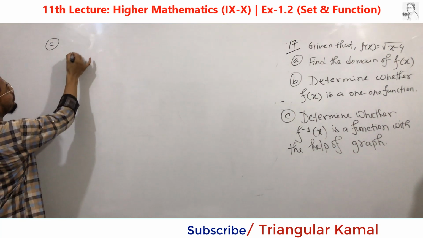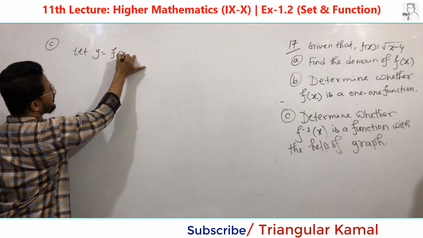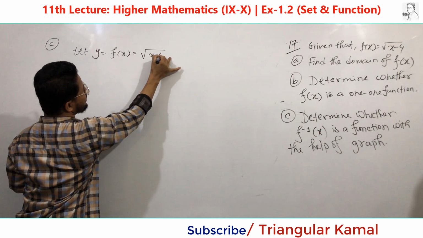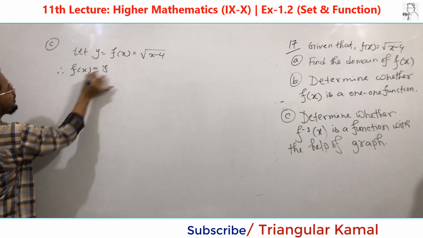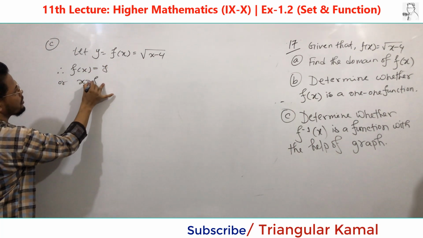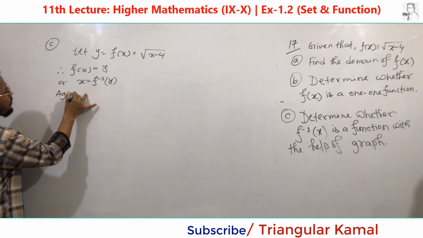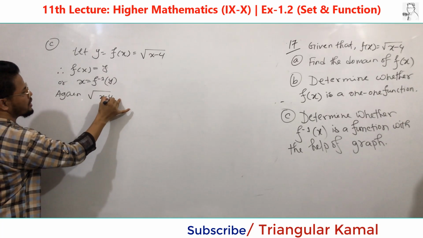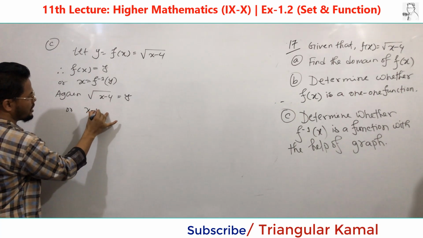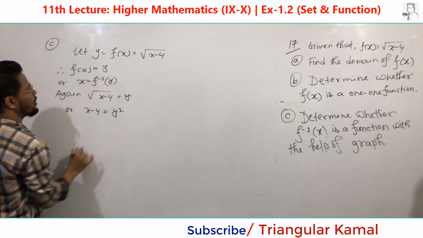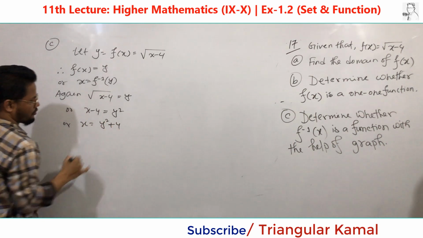Let y equal f of x, root over x minus 4. So we can write here f of x equals y, or x equals f inverse y. Again, root over x minus 4 equals y, or x minus 4 equals y square, squaring on both sides, or x will be y square plus 4.